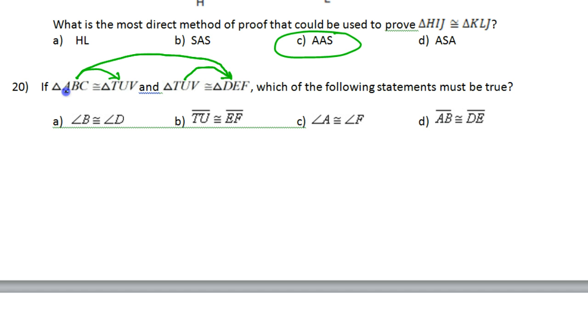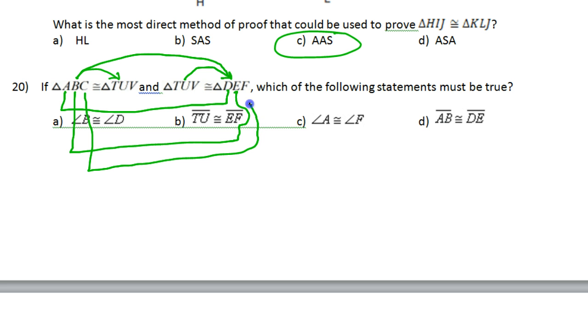So specifically, that means that angle A must be congruent to angle D, angle B must be congruent to angle E, and angle C must be congruent to angle F.